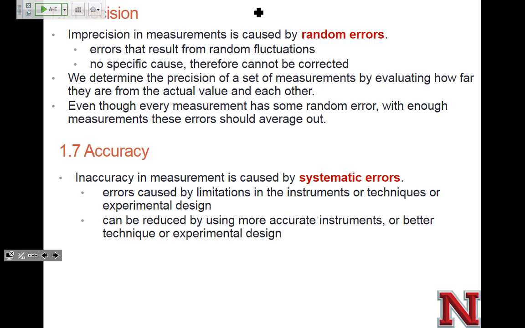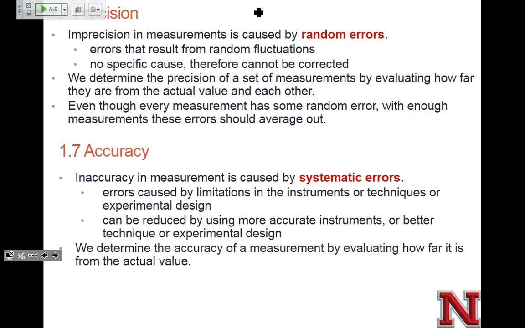So your instrument's fine, you're going to have some random error for precision, but you're not near the actual value because you didn't calibrate the instrument. So if I would step on a scale and it's not calibrated, it's not going to give me my accurate weight. So we can determine that by evaluating how far off from the actual value it is.